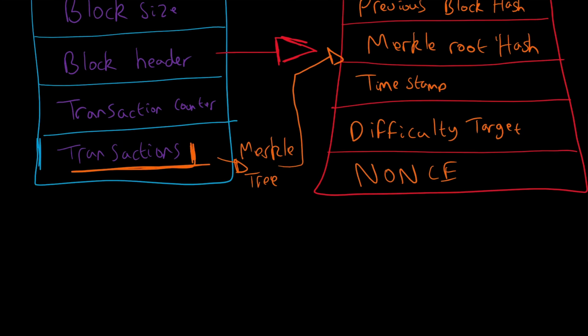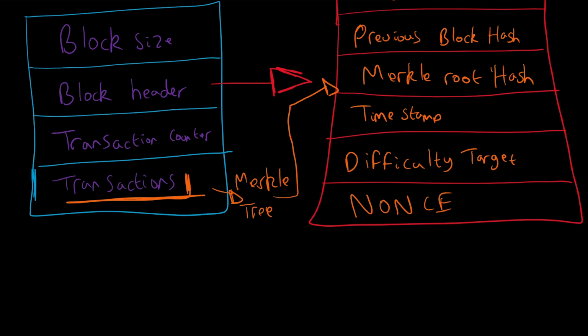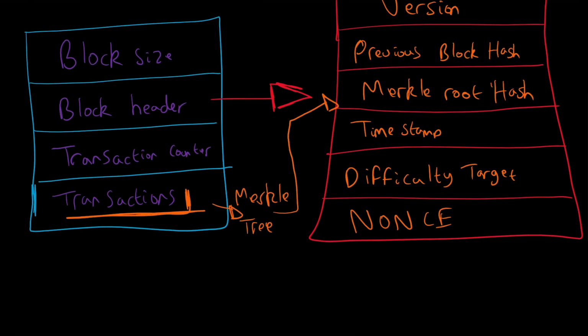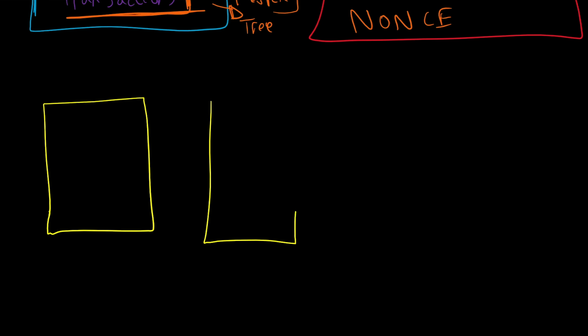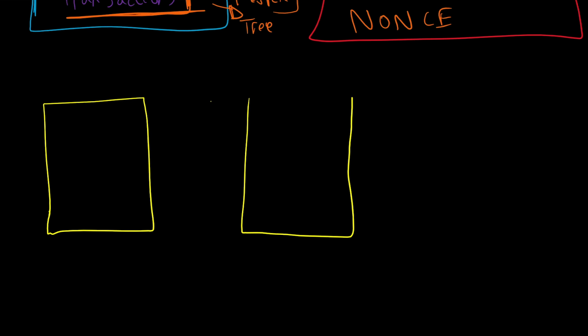Now let me show you how multiple blocks link together. Now that we've actually seen the overall structure, let's go to a higher level view. So imagine, and I'll put a bigger space between it, we have 3 blocks.